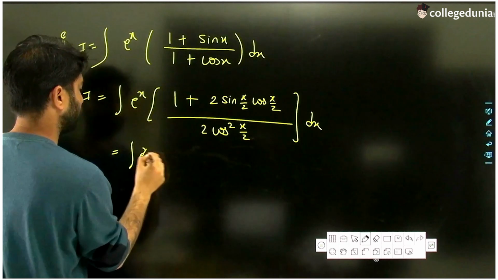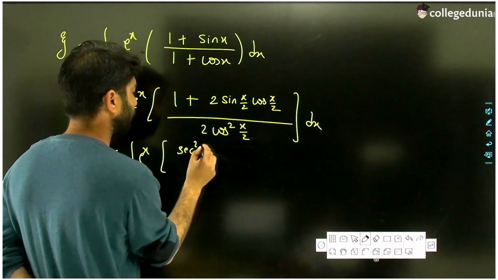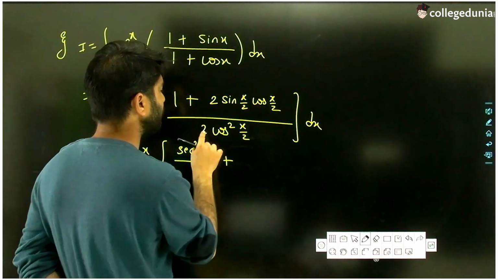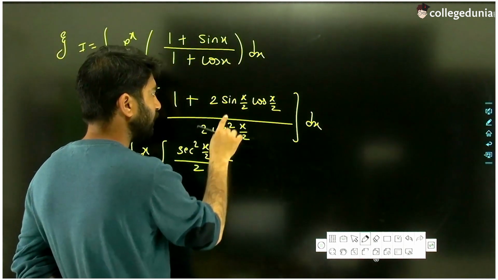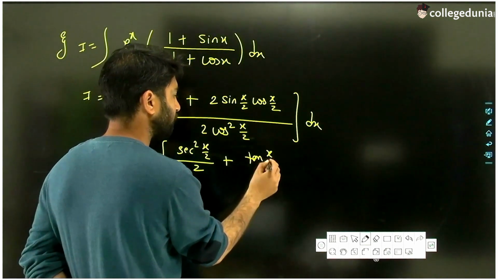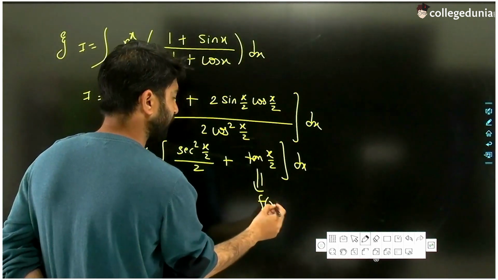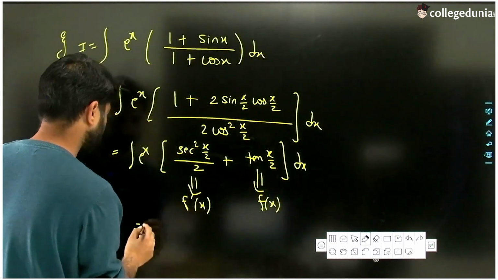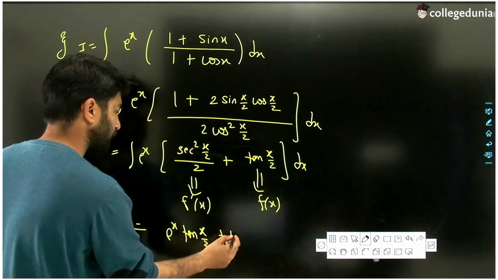So now when this 1 is divided by 2 cos square x by 2, this will become sec square x by 2 upon 2, plus when 2 sin cos is divided by 2 cos square, 2 and 2 cancel, cos and cos cancel, we will have sin in numerator and cos in denominator, which will become tan x by 2. So now you can see tan x by 2 is f(x) and this will become f dash x. So the final answer will be e^x tan x by 2 plus k.